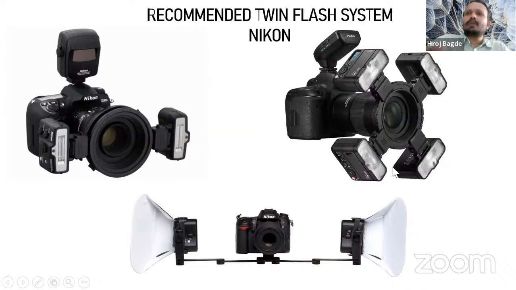Now, can you see this circular flash? Why is this needed? Because we need these images to be filled with light. Light is important, because if you go with good lights, then the details are very good. Macro photography is all about the details. Again, Nikon has a two-flash system, the same as here.